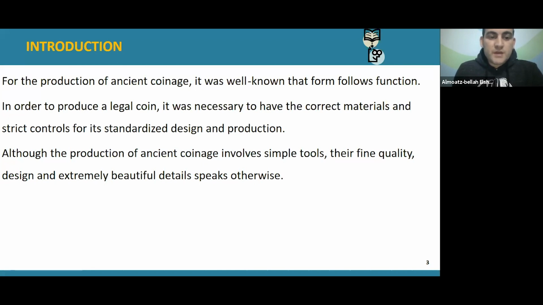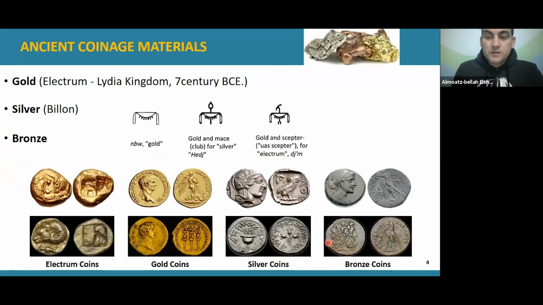Although the production of ancient coinage involves simple tools, their fine quality, design, and extremely beautiful details speak otherwise. Ancient coinage materials: different metals have been used in the production of ancient coins.